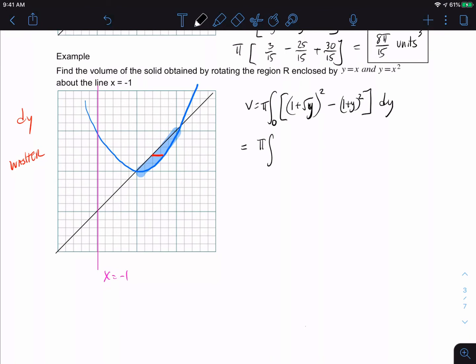So our integral is going from 0 to 1. So from 0 to 1, and then let's do this expansion. I'm going to get 1 plus 2, and I'm going to go y to the 1/2 because I want to use powers, plus y minus 1 minus 2y minus y squared dy.